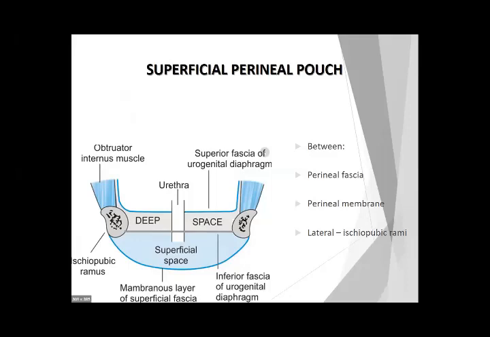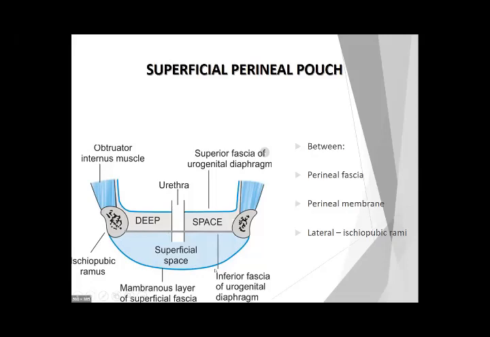अच्छा जी, superficial perineal pouch. अब ये pouches, they are very important from your examination point of view. बहुत question आते हैं. The superficial perineal pouch is the area between the perineal fascia and the undersurface of the perineal membrane. ये perineal membrane है, and this is the perineal fascia.